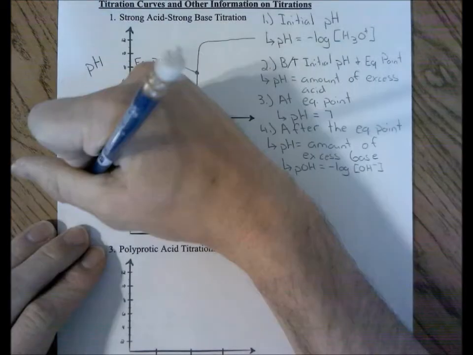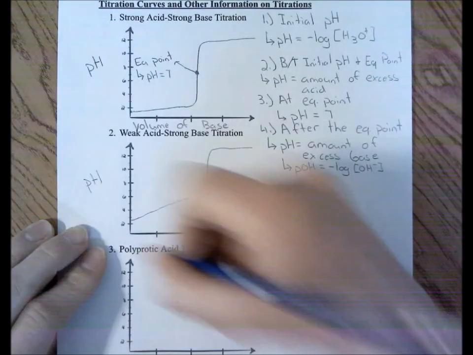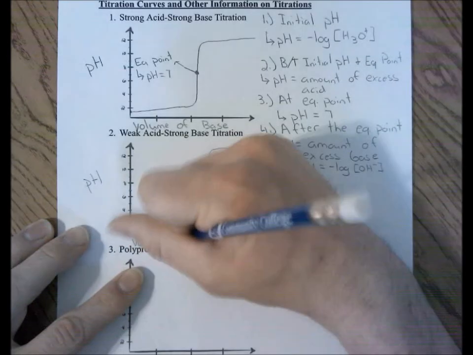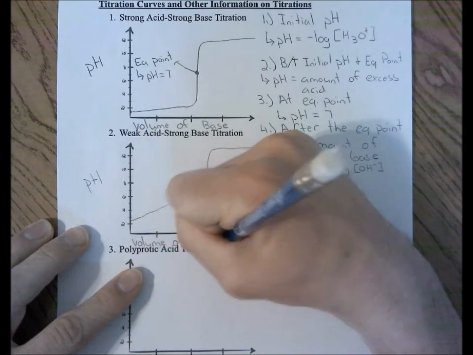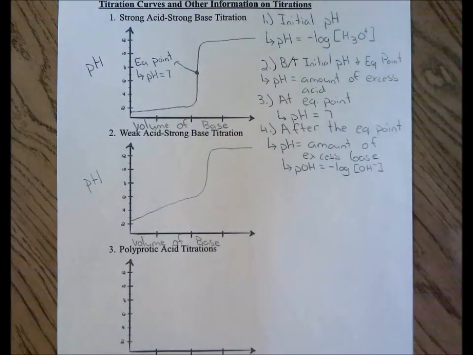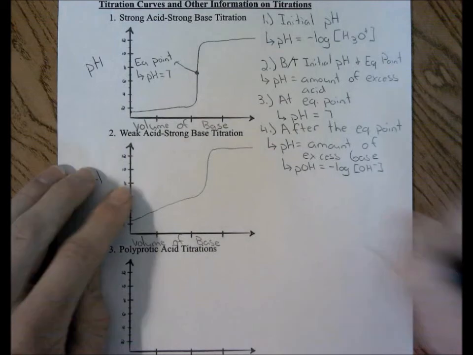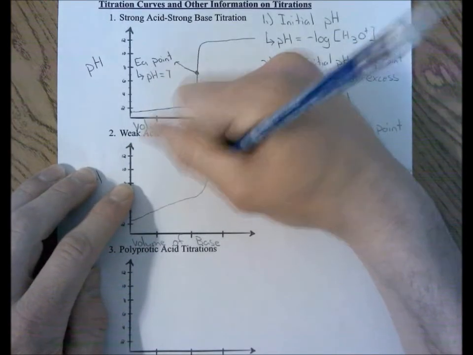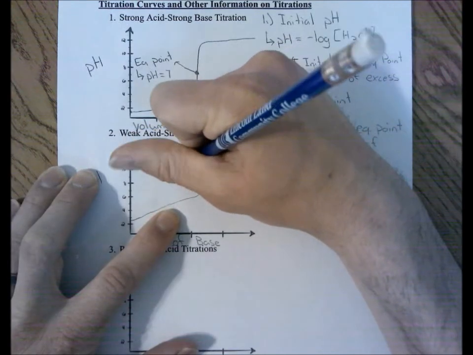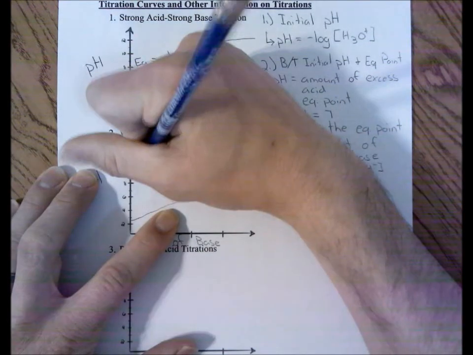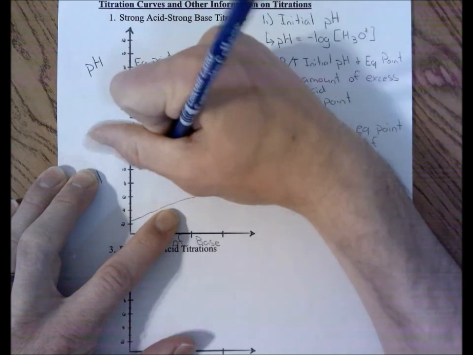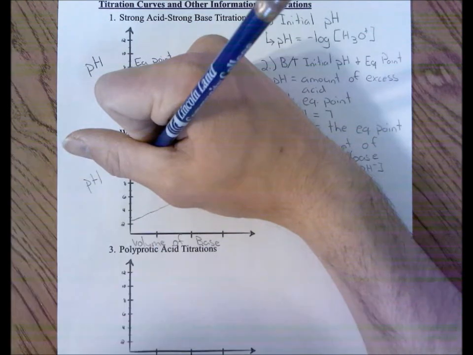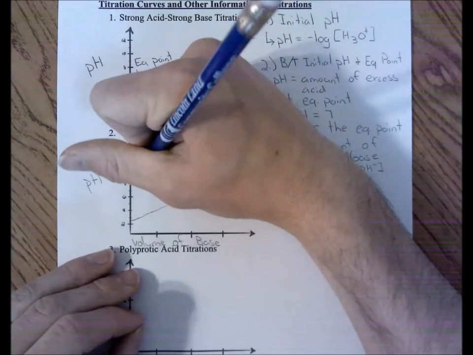Just to remember, this is our pH, and because we're adding a volume of our base, we have this. Now, the equivalence point in this case, I'm going to emphasize: the equivalence point is where the number of moles of acid and base are equal.